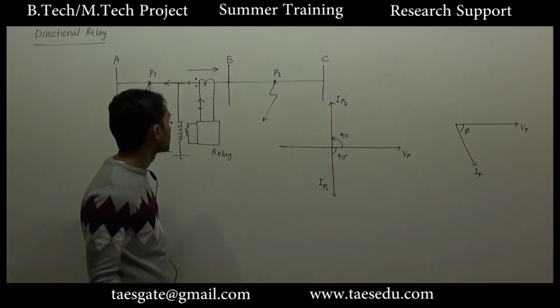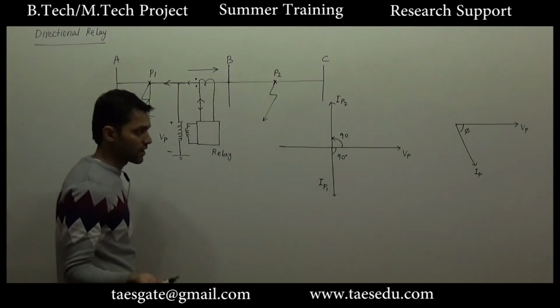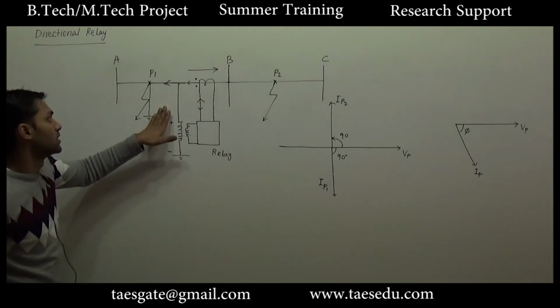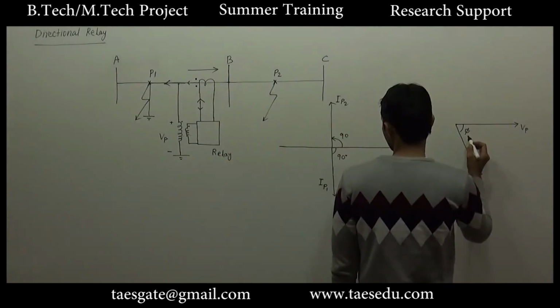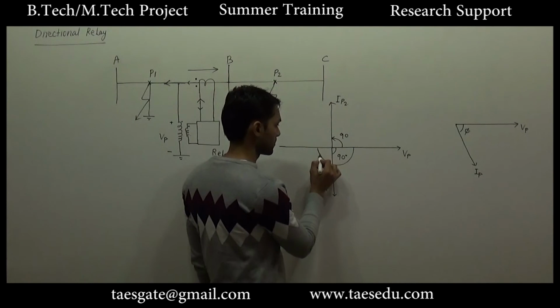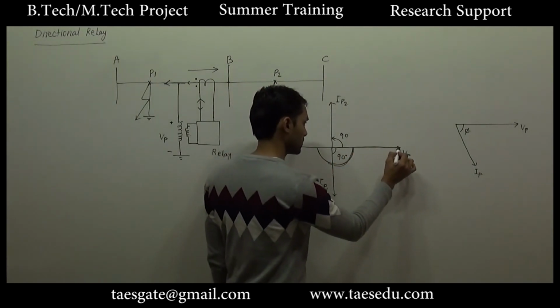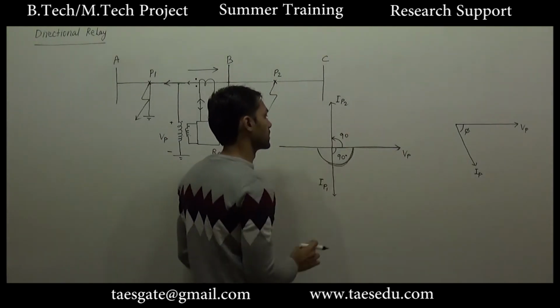Anyway, this direction of fault current is lagging. So if a current is lagging, it will be treated as the fault at point P1, or it will be treated as one directional. Okay, so this is the region of lagging current. In this region, the current is lagging the reference voltage, and this is the region of leading current.